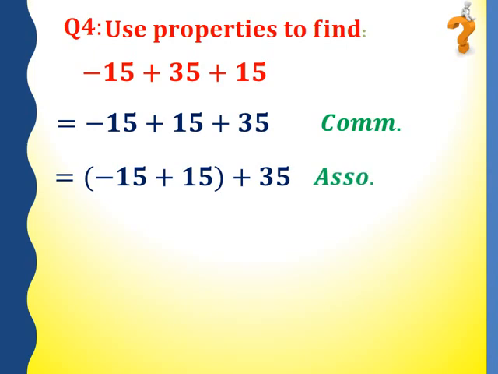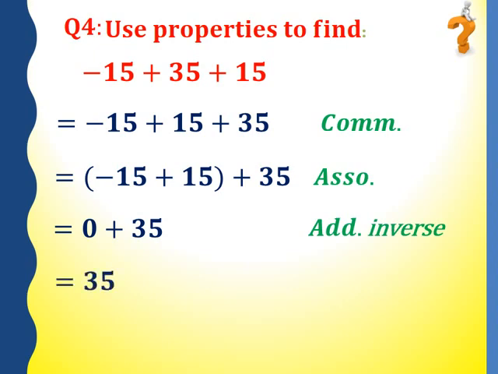Any two additive inverses, when I add them, give me 0, and here I use the property of additive inverse. Then 0 plus any integer: 0 is the additive identity, so it gives me the same integer, and I use the property of additive identity.